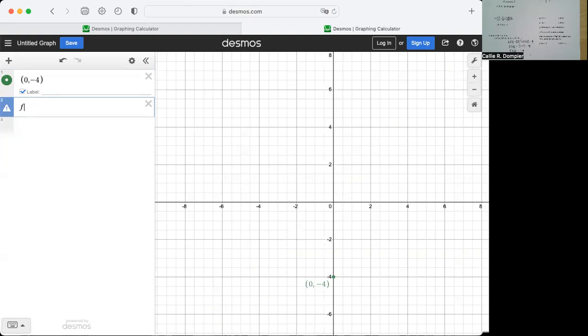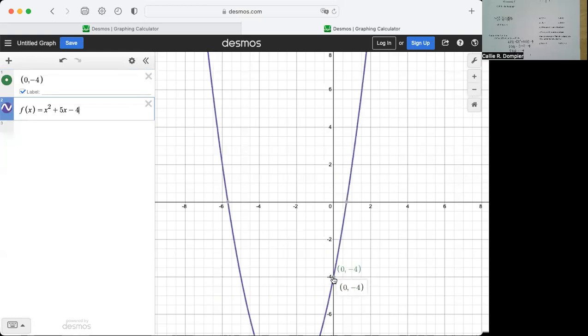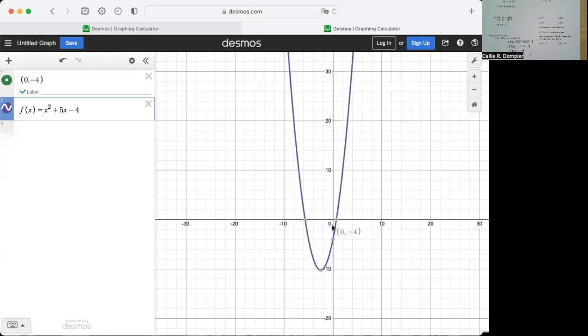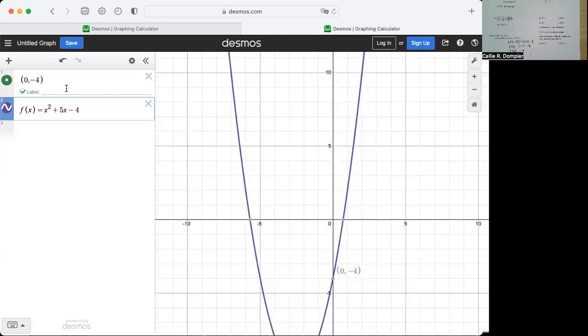So I'm going to type in this equation, f of x equals x squared plus 5x minus 4, and we will see that that point is on the graph of the line. There are other points on the graph, but when I put in 0 for my x value, the only y value that comes out is -4.